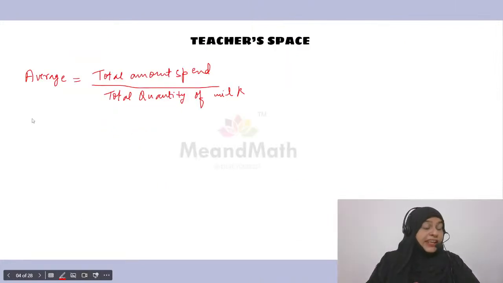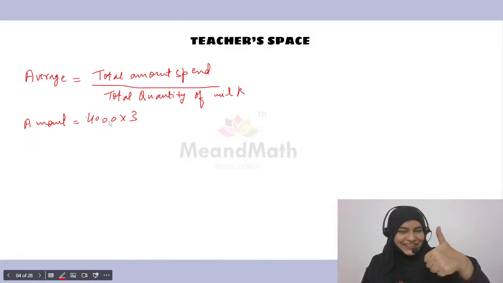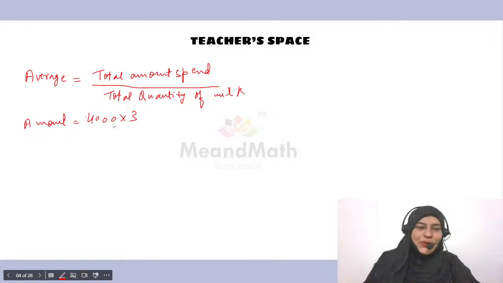If in 1 year he is spending 4,000, then the total amount spent will be 4,000 times 3, right? If for 1 year it is 4,000, then for 3 years it will be multiplied by 3. Very good, Ayan. It will be 12,000.